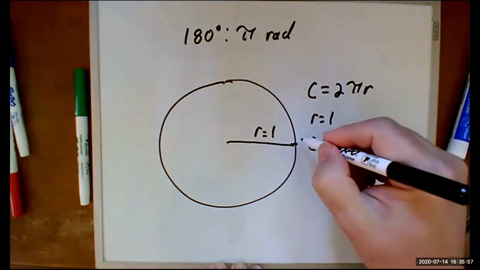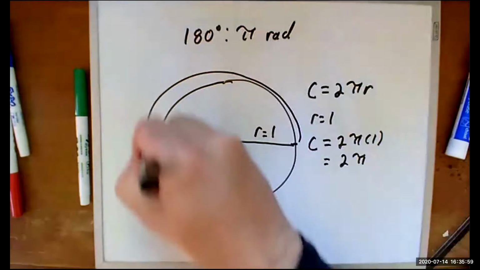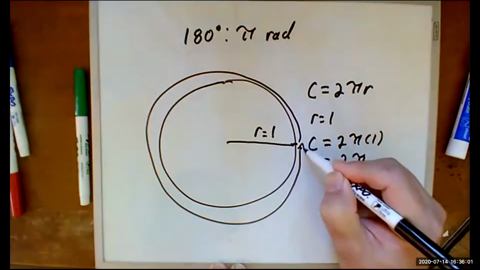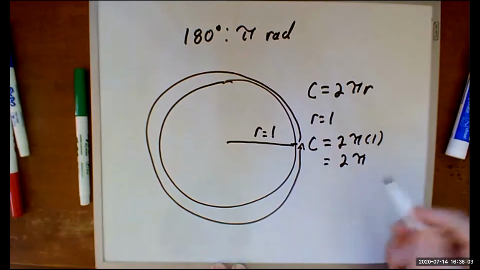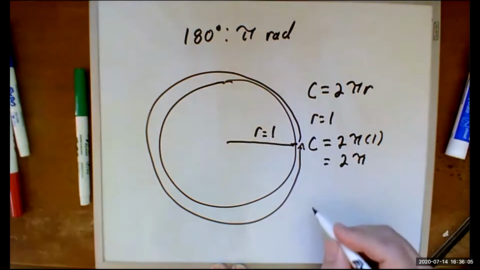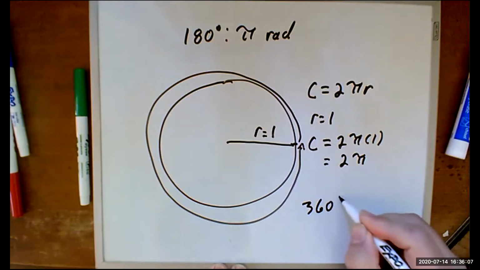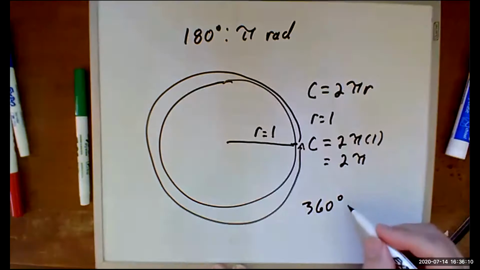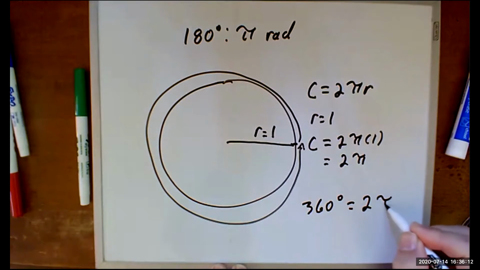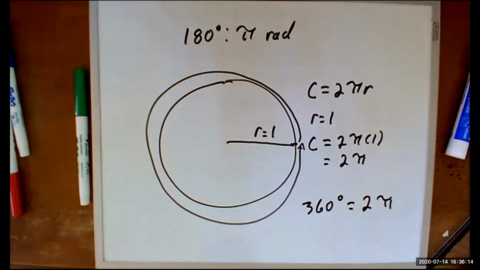So that means that when you go all the way around a circle and end up right back where you started, we've covered 360 degrees, but we've also covered 2 pi.